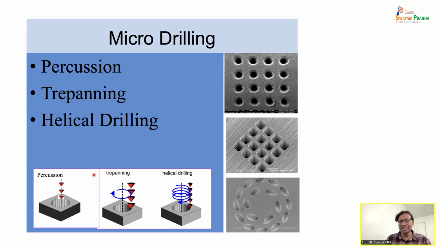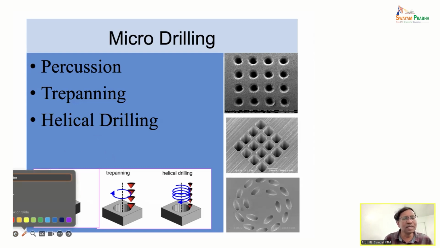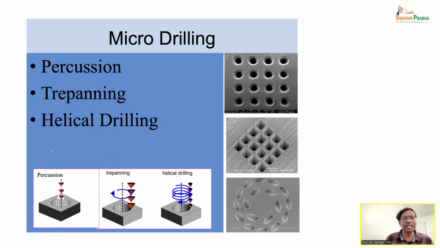So in the center of the pulse you will have more energy, but towards the walls it tapers down. Still, we get the diameter of the hole almost close to the pulse width, the spot diameter. In the center you have more energy and in the peripheries less, but depending on the material and the intensity, you can make holes of this diameter and sometimes slightly more.